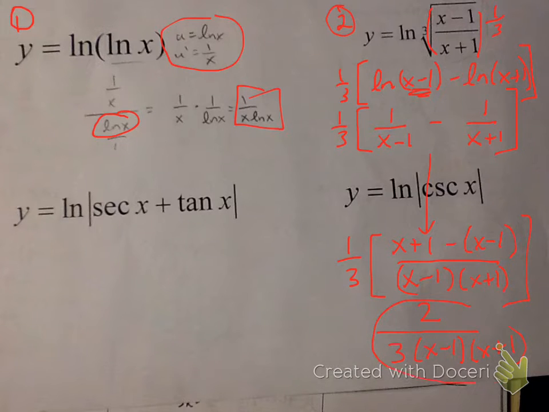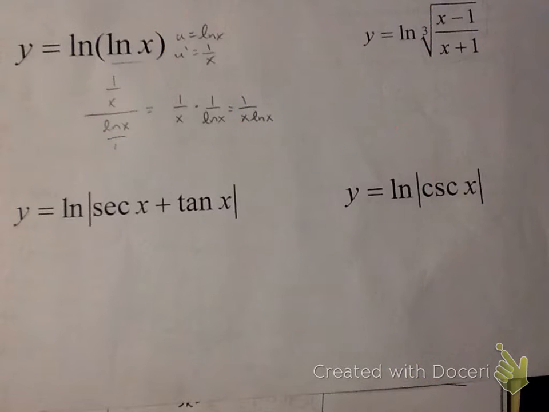Things to pay attention to when you have natural log: you often have undefined values because of the denominator. With the trig functions, again following your same rules, they often simplify down to something much easier. The derivative of the numerator would be secant x tangent x plus secant squared x, all over secant x plus tangent x.